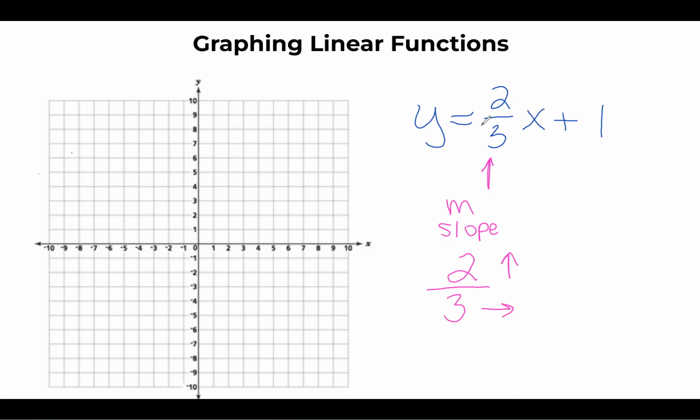So you should not be putting anything onto your graph yet when you are just looking at the slope. In order to start putting things on our graph, we are going to want to start off by looking at that y-intercept, that b value. Again, as a point, it will be (0, whatever that number is). So for us, it's a 1 in this equation.